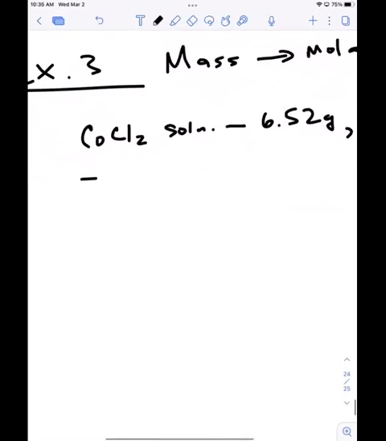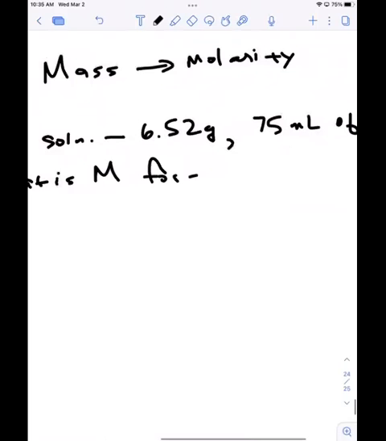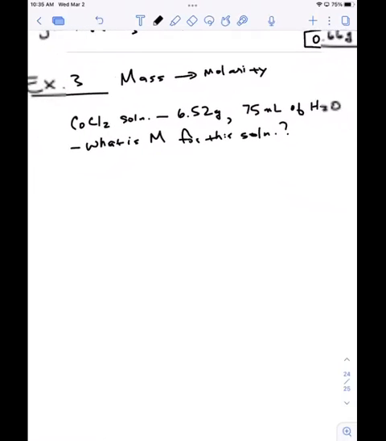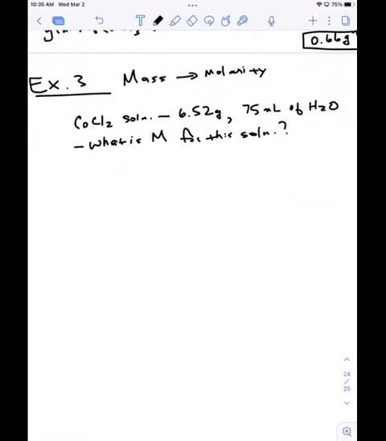The question is, what is the molarity? All right. So what do we do? If we're trying to calculate molarity, which is what we're looking for, what do we have? We have grams of solute and we have a volume, but it's not in liters.